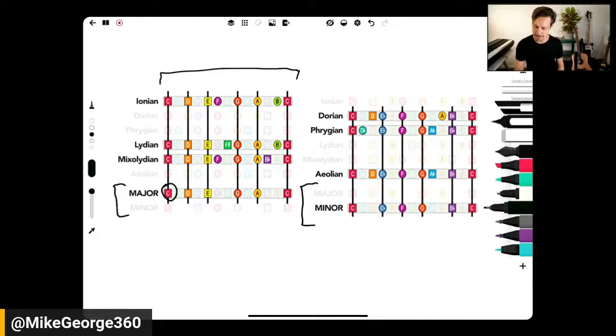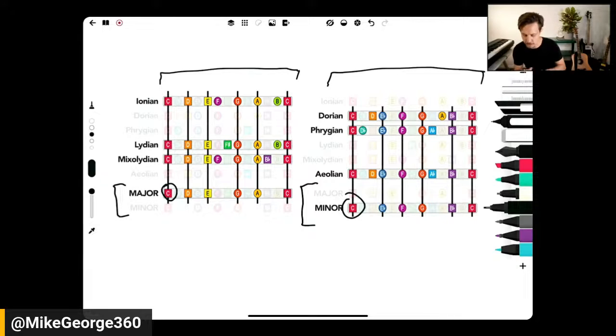And then the C minor pentatonic scale of C, E flat, F, G, B flat, and C, that is a subset of these three minor modes.